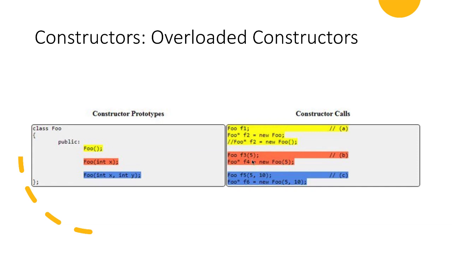Here we have another constructor, B, and it takes one parameter. So we've created ourselves an object, a foo object. We name it F3, and we pass in 5.